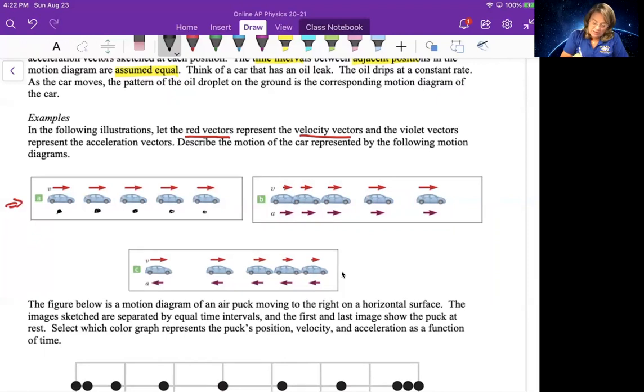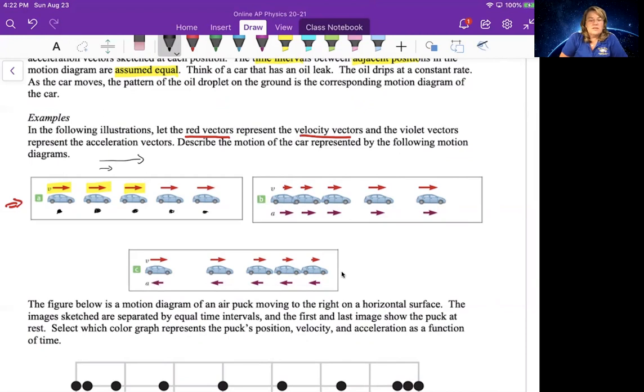So if the distance between the dots is the same, the delta x over delta t is the same. And so this velocity vector, shown here in red, the length of the velocity vector represents the magnitude of the velocity. For example, if I were to have a velocity vector here and a little teeny velocity vector there, the longer the velocity vector, the larger the magnitude of the velocity is, okay?